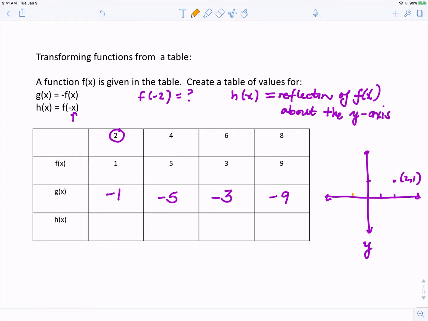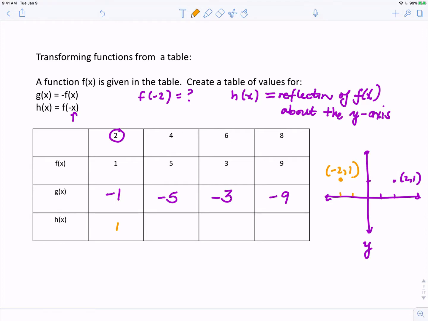So we would have this point here. And what would the coordinates at that point be? That point would be the point where the x variable is equal to negative 2. So this is the point (negative 2, 1). So if we input negative 2, then our output is also going to be 1.